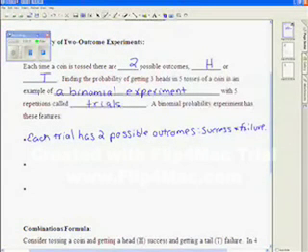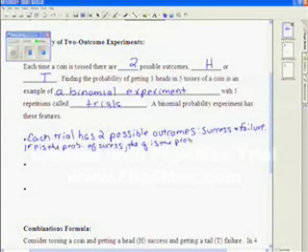If P is the probability of success, then Q is the probability of failure, where Q equals 1 minus P. We use P, Q, R, and N. So P and Q, when we actually pick these out of our word problems, are always going to add up to 1.